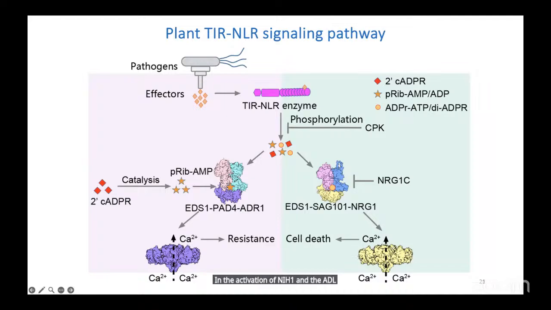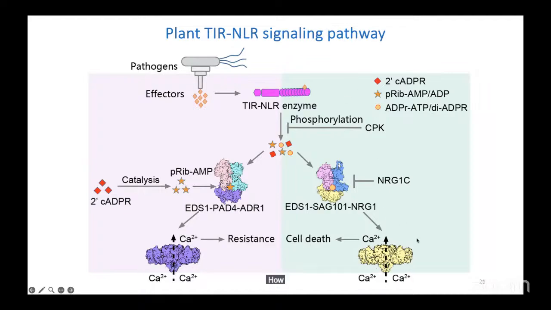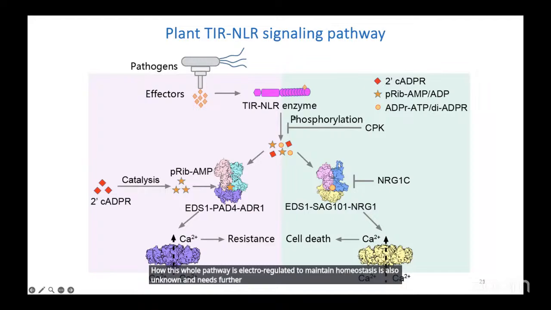And also, if ADR1 and NRG1 function as calcium channels to trigger resistance and cell death, what are the calcium decoders downstream of ADR1 and NRG1 to specifically regulate cell death and resistance? And also, the whole TNL pathway is complicated, and how this whole pathway is negatively regulated to maintain homeostasis is also unknown and needs further clarification.